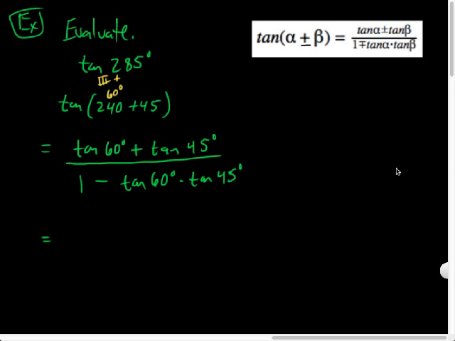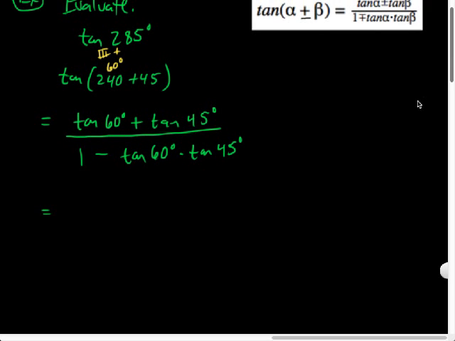Okay, all right. So let's calculate this. Tan of 60 degrees. Does anyone know that one off the top of their head? I believe that's the square root of 3. Tangent of 45 degrees is 1, over 1 minus the square root of 3 times 1.